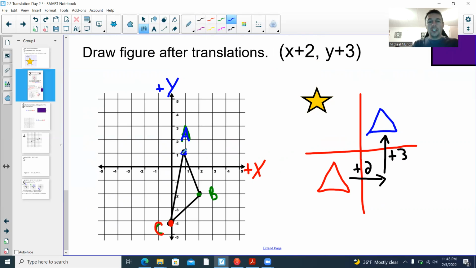So I'm going to move each dot 2 over and then +3. So +3 on your y means up 3. So I'm going to go right 2, up 3. And that's my new A. I'll draw an A with an apostrophe. You can put a little apostrophe here too, I suppose, to show that it's new. But that's what I was trying to show. X plus 2 means 2 over. Y plus 3 means 3 up. So I do the same thing for all my letters. Right 2, up 3.